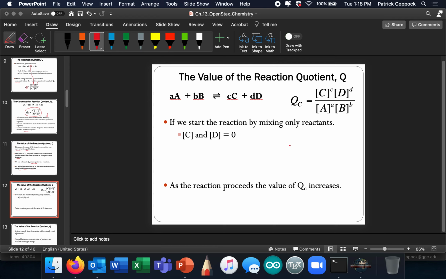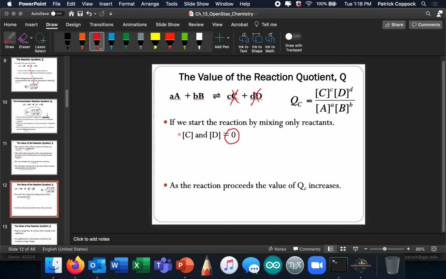So in this example, we might say if we have a reaction where there is 0 C or D, in other words, we don't have any of this stuff yet, then these are going to be 0 up here, right? And so Qc is going to be 0. Can you see that? As the reaction proceeds, the value of Qc increases because the products increase, right?